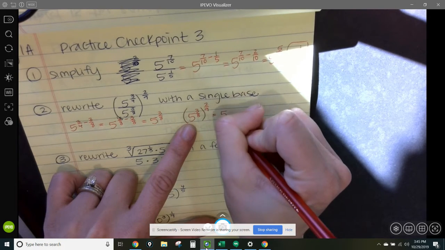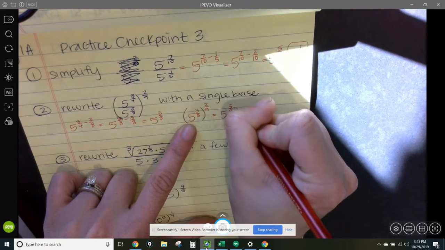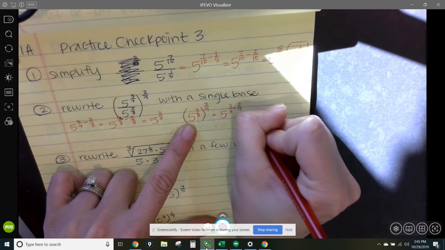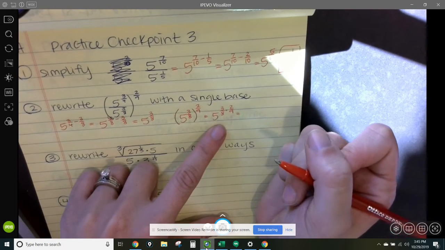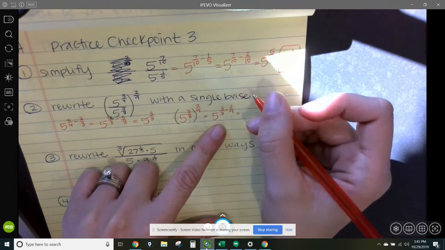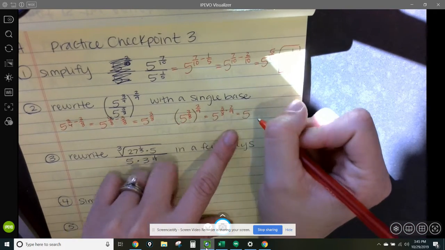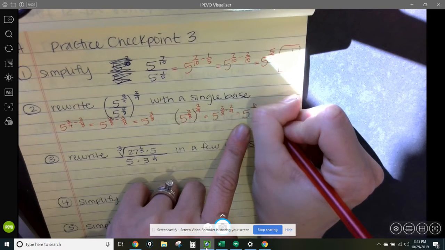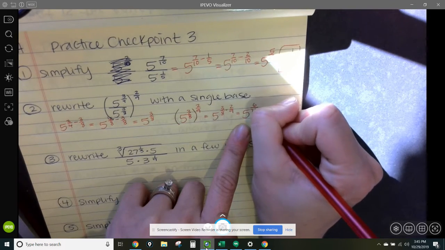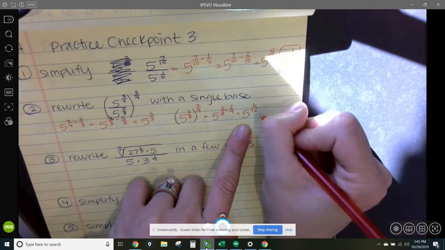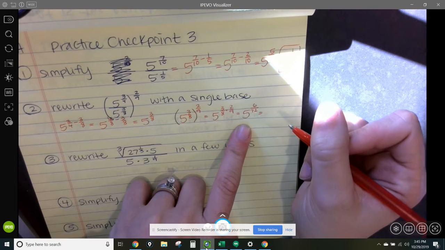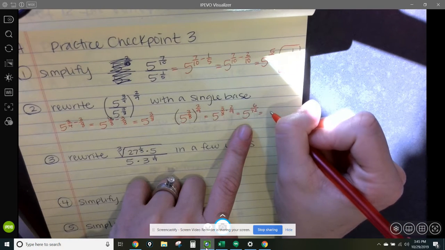So this is going to be 5 to the 3/8 times 2/9. We don't need a common denominator when we're multiplying fractions. We're just going to multiply the numerators, then multiply the denominators. So this is going to be 5 to the 6/72. And that probably could be reduced maybe by 3.